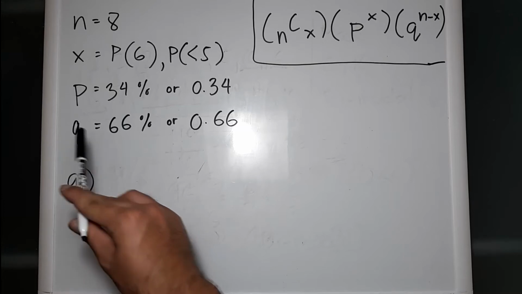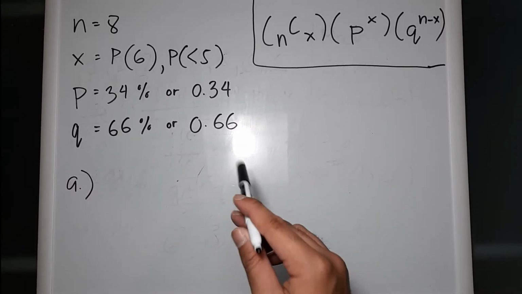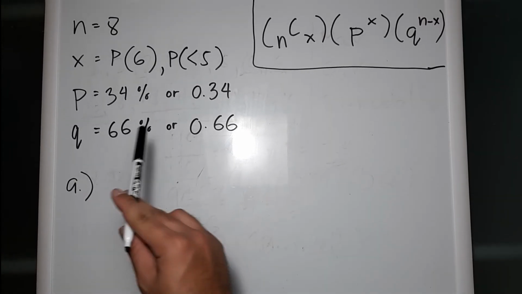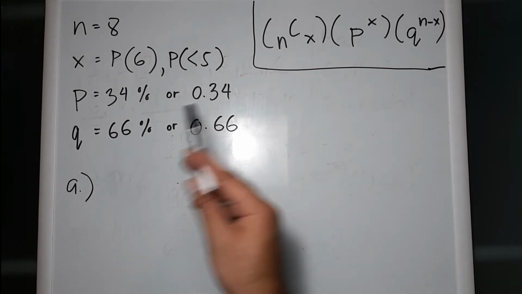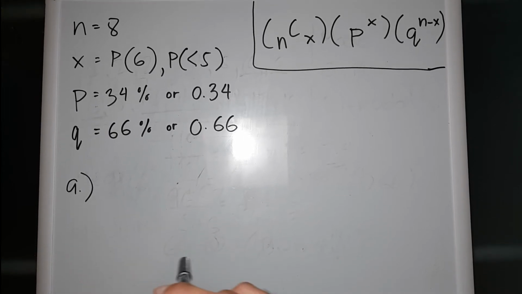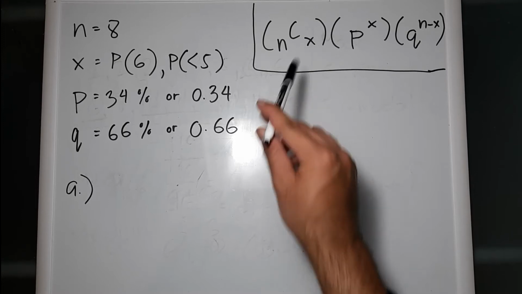And Q is the probability of failure, which is 66% or 0.66. We got 66% from subtracting 34 from 100, so 1 minus 0.34 is equal to 0.66, and that's the probability of failure. And in solving binomial probabilities, we use this formula.